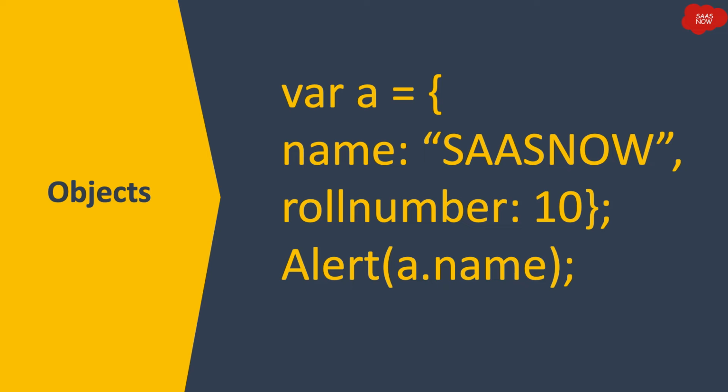Then we have objects, the last data type we were talking about, which is a way to hold structured data like an array, but with named properties. Here A is an object with different properties like name, roll number. You can use the value of a property by calling object.property, like in this case it has used a.name.